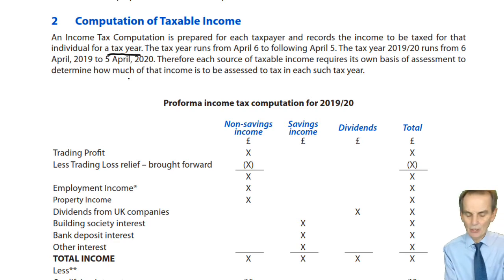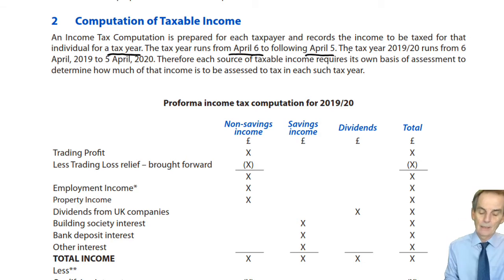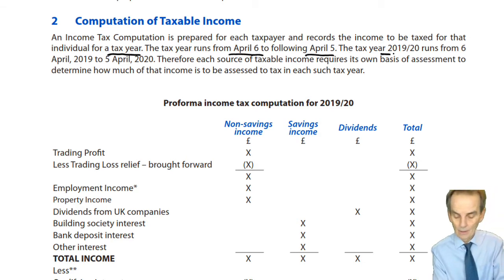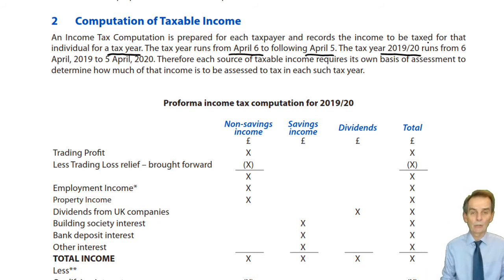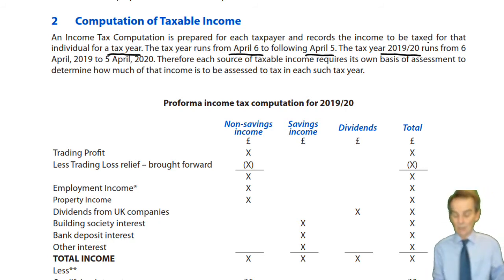Now, here are the strange dates. The tax year runs from April the 6th through to April the 5th. Our tax year, which we are using for purposes of the 2019-20 exams, is the 2019-20 tax year. This, of course, is relevant for the exams from June 2020 through to March of 2021.